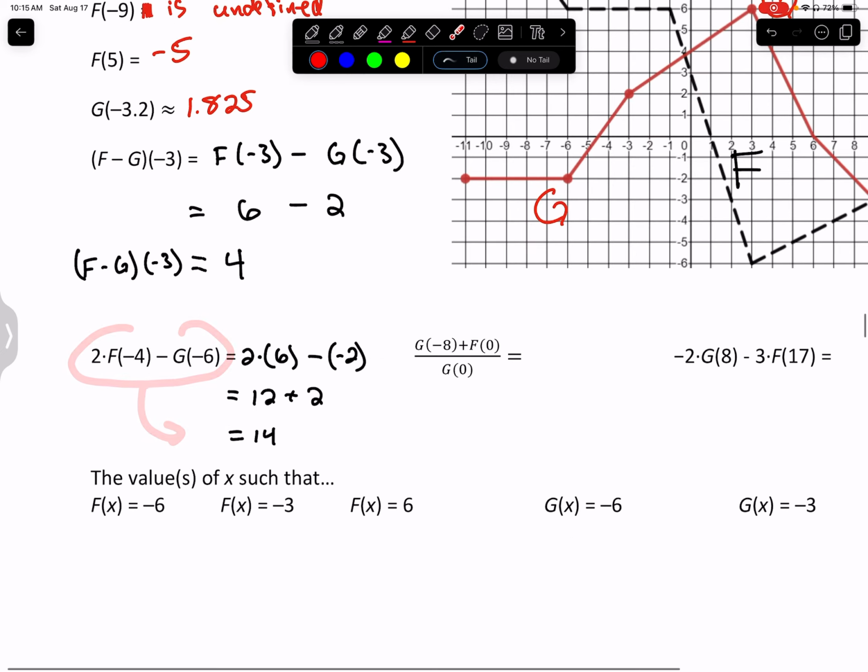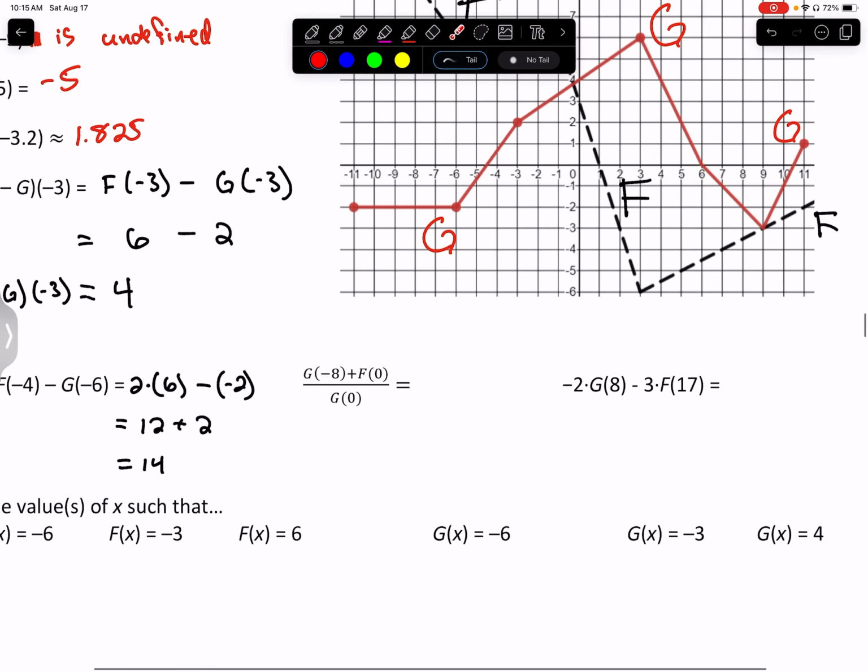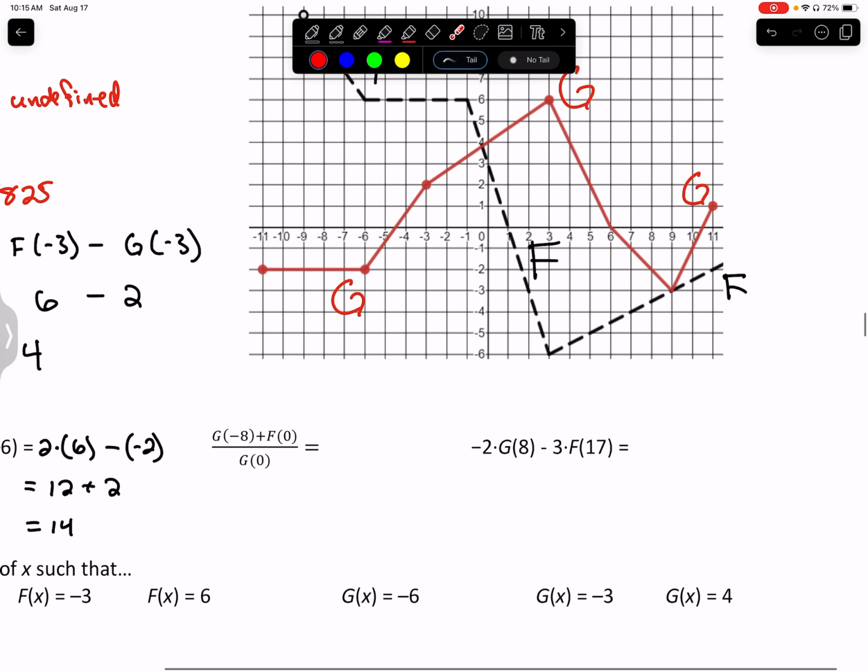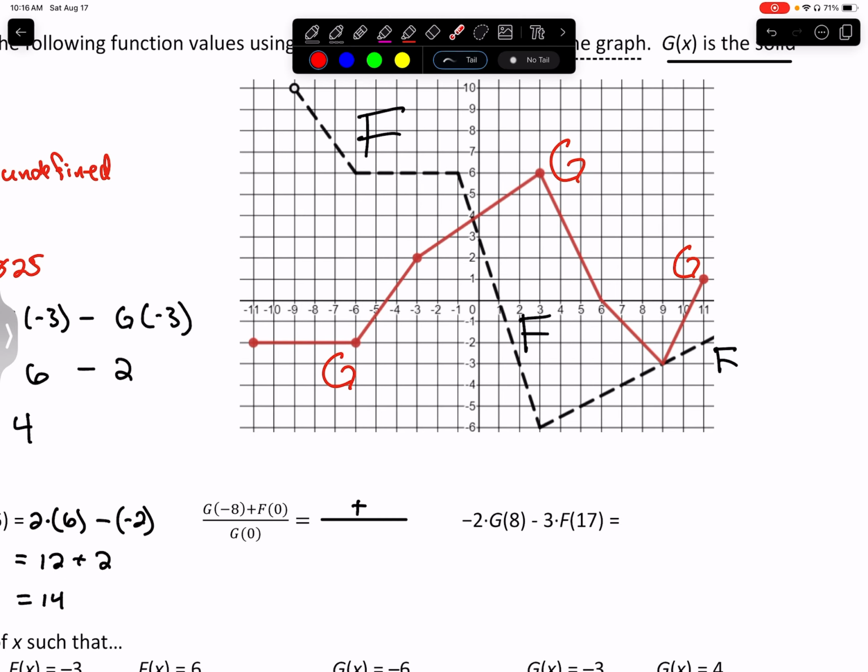We don't live in a perfect world. This next one is a fraction. That just means divide. So we're going to end up with a couple numbers up top that we add together and then dividing it by a number on the bottom. So g of negative 8, I go left 8 and down 2. It's going to be negative 2. You could put that in parentheses or not. It's not super important. And then f of 0, that's the y-intercept for the dashed curve.